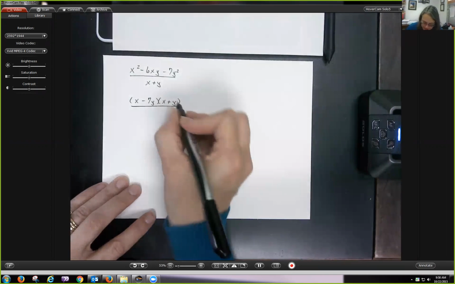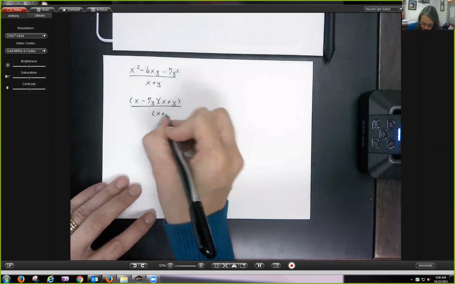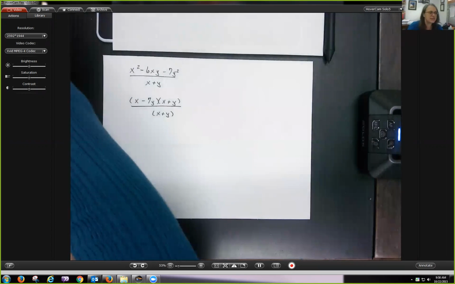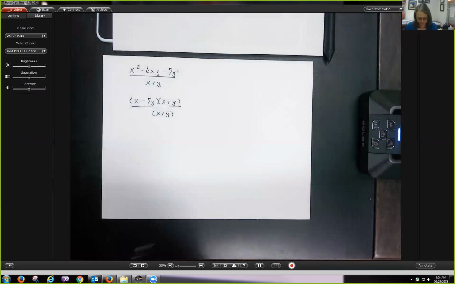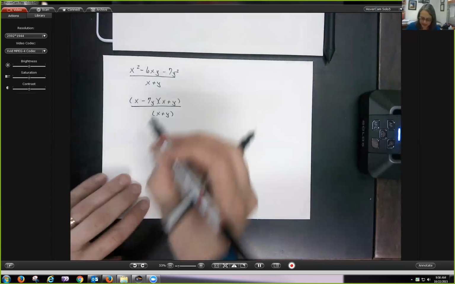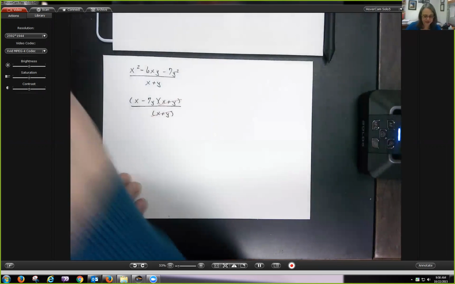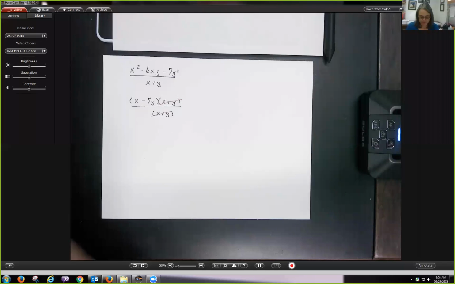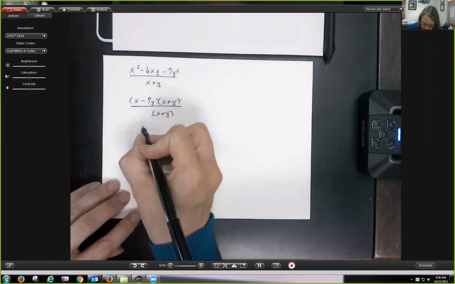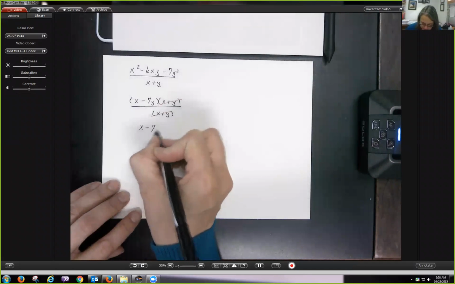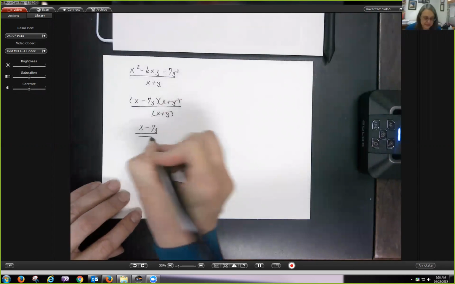And that's still all over x plus y. Now, once I've got everything in factored form, then I can cancel the matching factors. And I'm left with just x minus 7y as a simplified form.